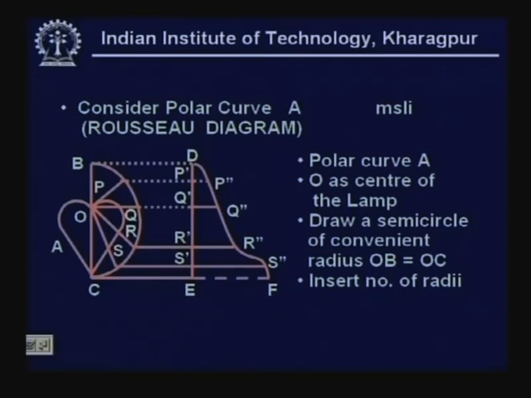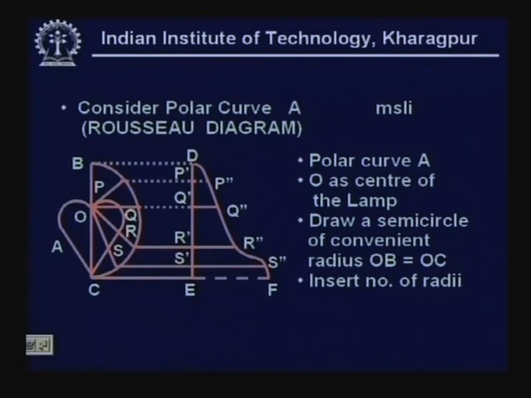So, the average of these horizontal lines like EF, S prime, S double prime, R double prime, Q double prime, P double prime would be the mean spherical luminous intensity, or in other words, the area of this curve is an index of mean spherical luminous intensity. The construction of this diagram from the polar curve is what we call the Rousseau diagram.